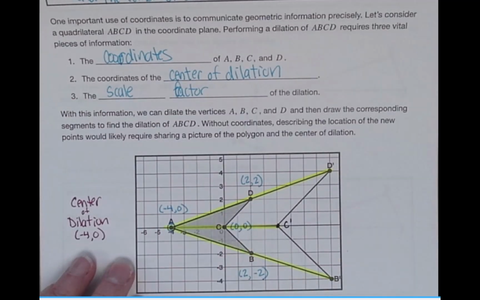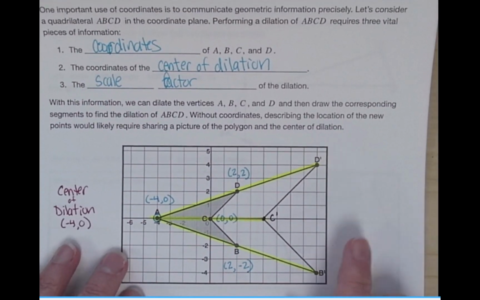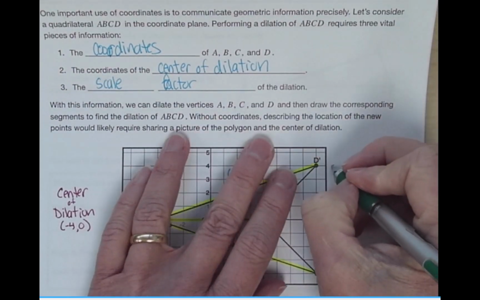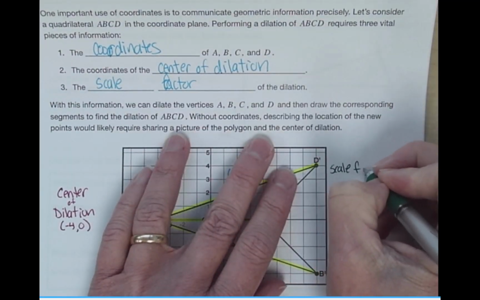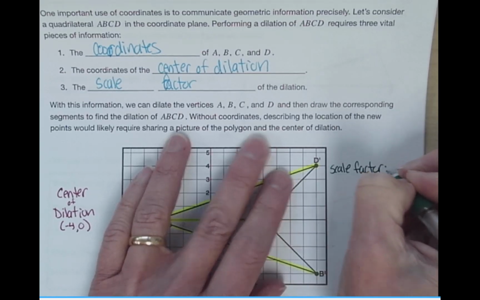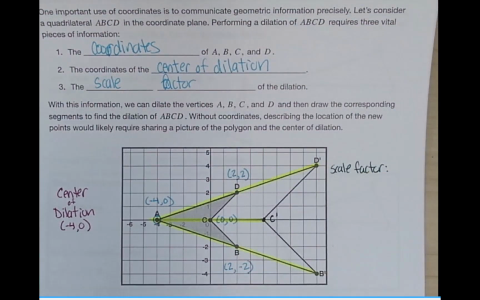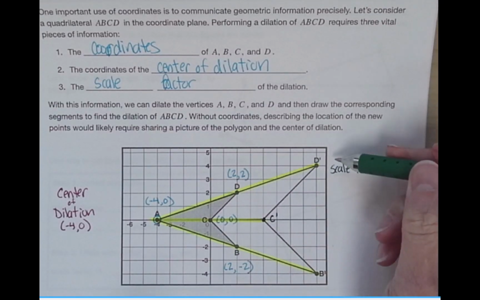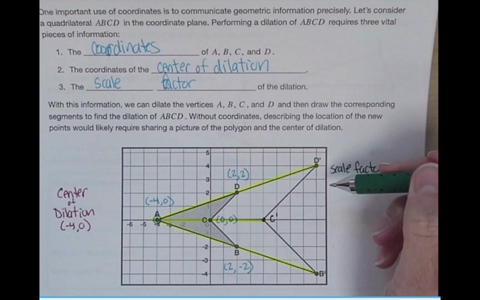We also need the scale factor. For the scale factor, let me just write some things over on this side. We've discussed in previous lessons that all of the measurements on the image have had the same scale factor applied to them.